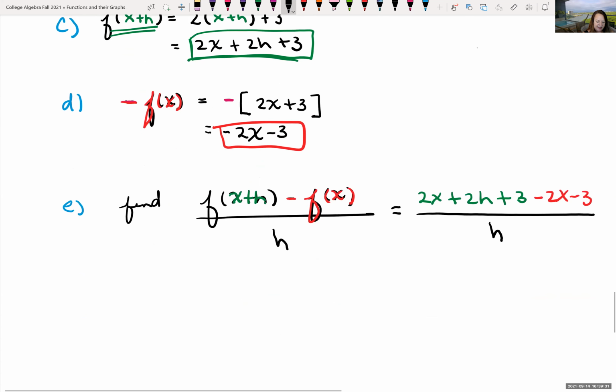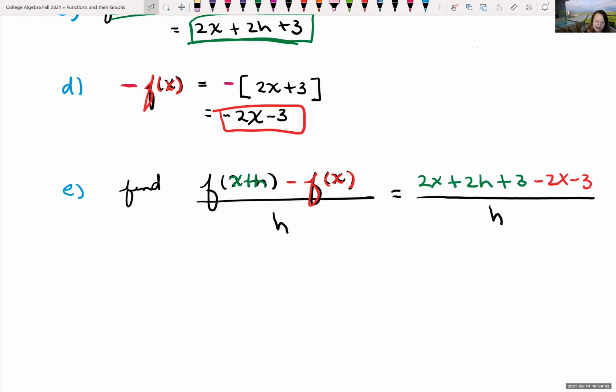So let's simplify that. We can combine like terms. I have a 2x minus a 2x cancels. I have 2h. And then I have a positive 3 minus a 3 cancels. And this is all over h. So 2h over h, which is equal to 2.